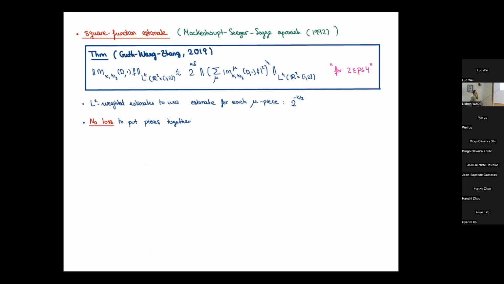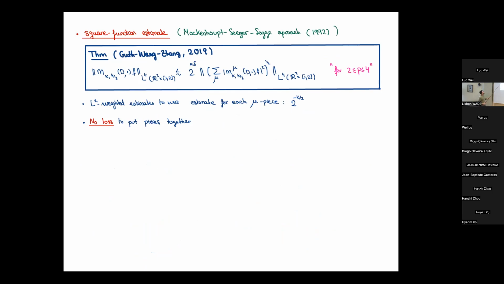So there have been 2 leading approaches to how to access those pieces. One of them is through square function estimates, in which one wants to control the LP norm of the part which is near the cone by the LP norm of the square function adapted to those small pieces, or to those plates.